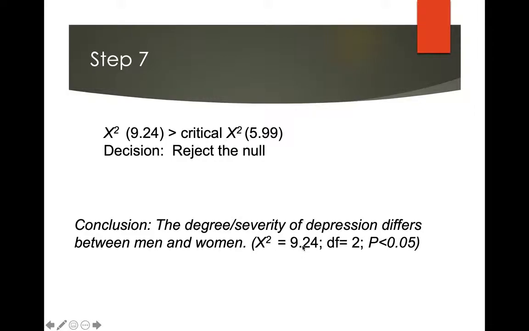And here we have our chi-square of 9.24, degrees of freedom equal 2, and our p is less than 0.05. And so this is a statistically significant test. Take a minute, watch the video over and over if you must to get the concept, because this is important.